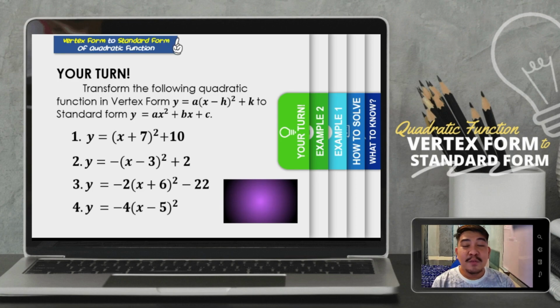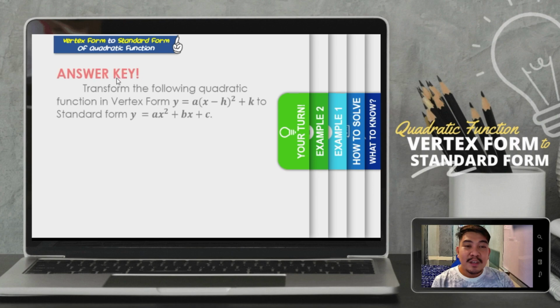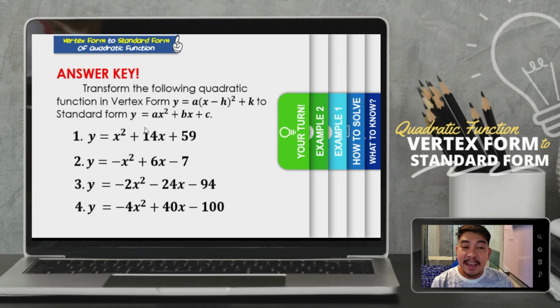So let us check if you got the correct answers. Here are the correct answers to each of the following quadratic function listed before.